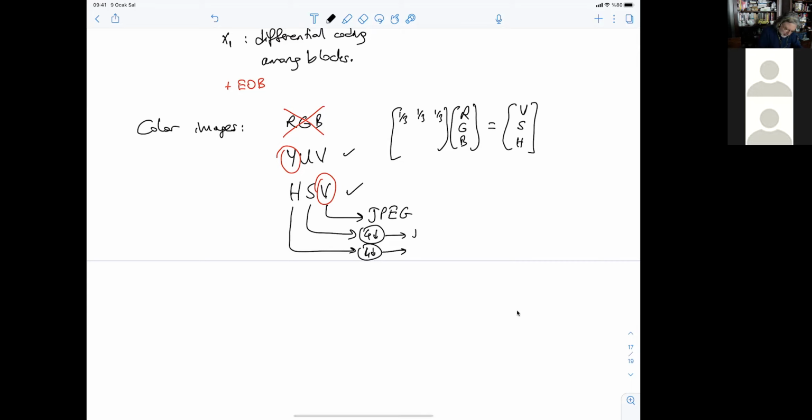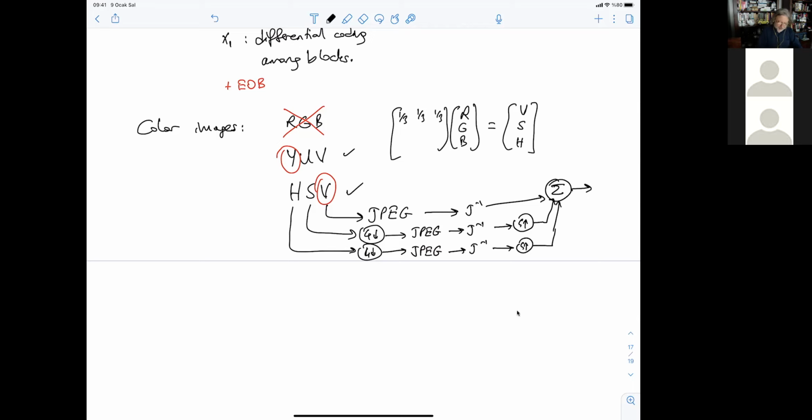So we usually apply JPEG afterwards. These are the JPEG compressed data. How do we uncompress? We decode the JPEGs of each channel, and then we have to upsample by 4 and upsample by 4, and we have to combine them for the image reconstruction. The original image will be reconstructed like this.